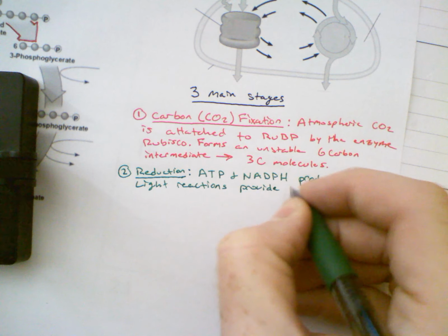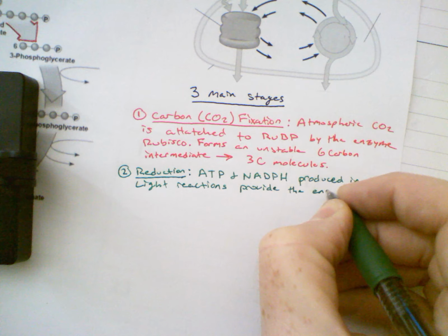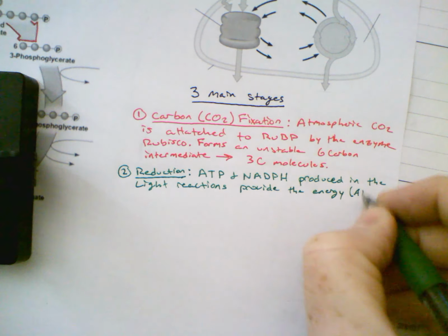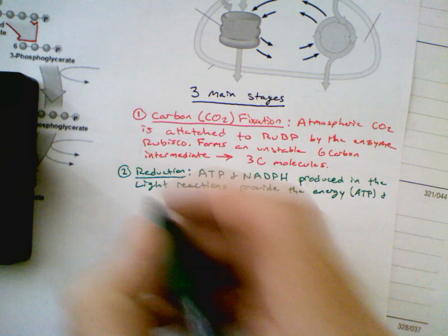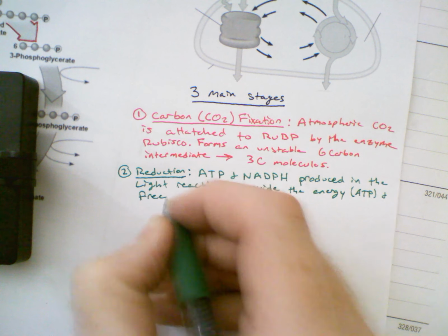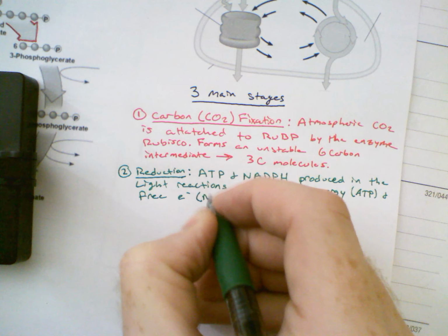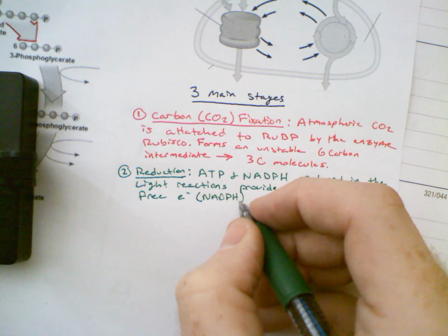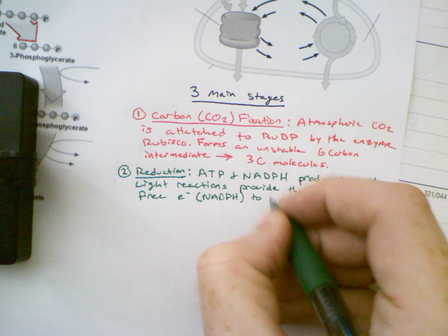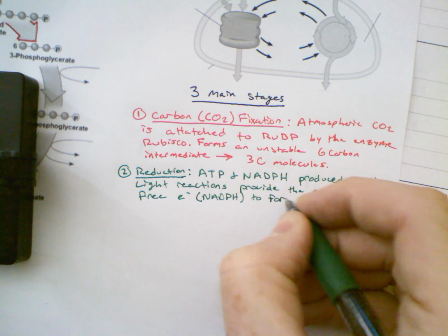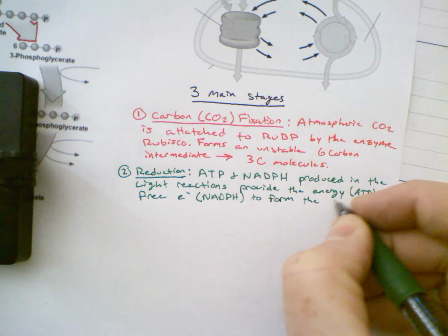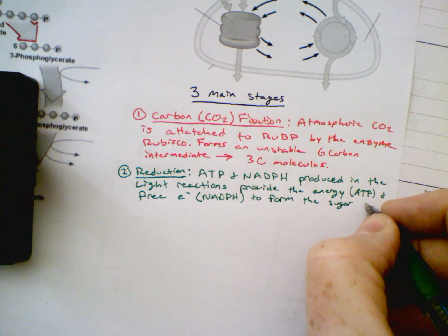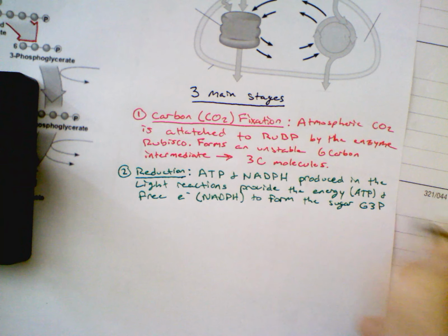Provide the energy, which comes from the ATP, and free electrons, which comes from the NADPH, to form the sugar G3P.